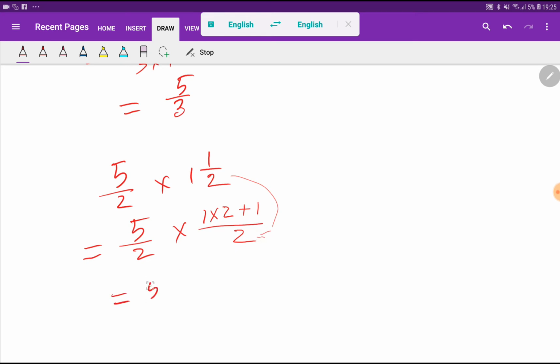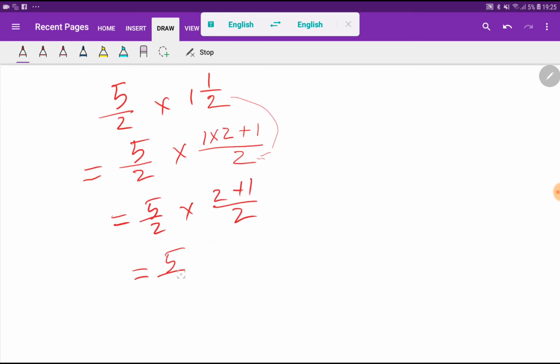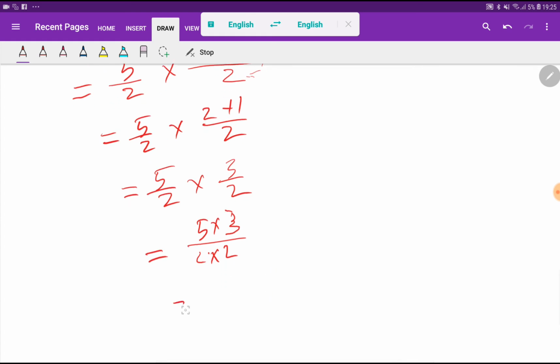So basically we are getting here, look, 2 times 1, that is 2 plus 1 by 2. So we are getting here 5 by 2 times 3 by 2. Now we will multiply numerator to numerator, then denominator to denominator. So basically we are getting here 15 times 4. So this is the answer.